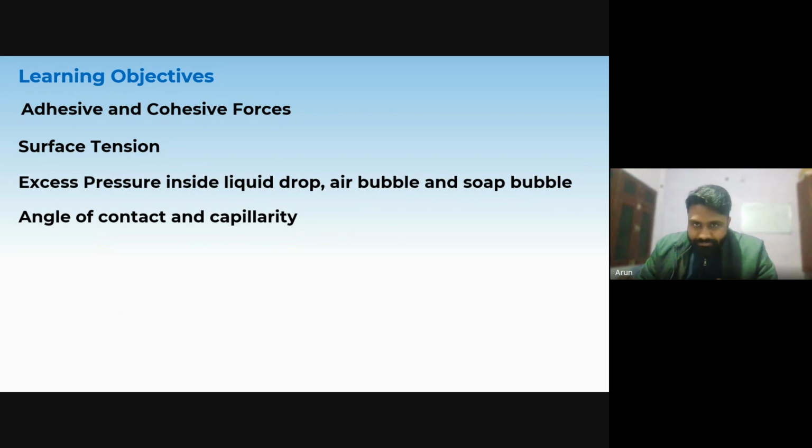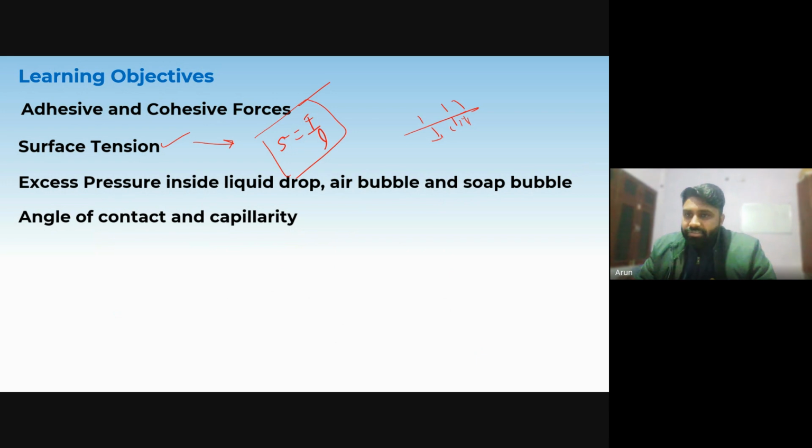So we have talked about the adhesive forces and cohesive forces. We have talked about surface tension. The force here is nothing but surface tension, or you can say force per unit length. Just a second. So the force acting per unit length is considered to be surface tension.